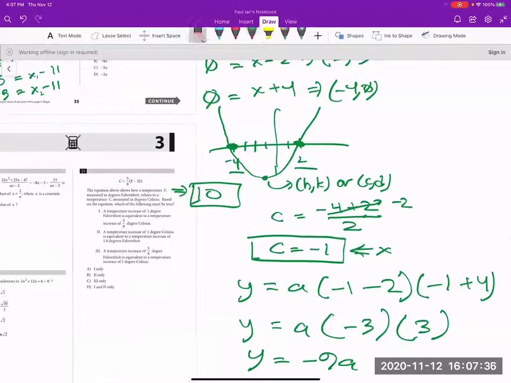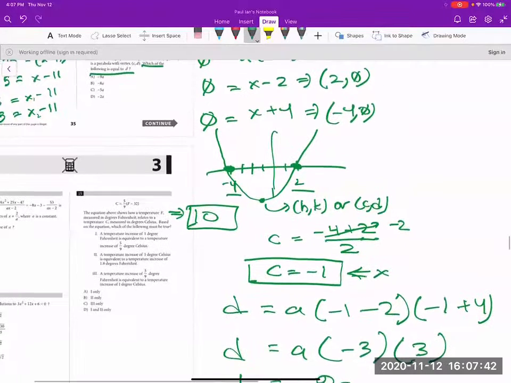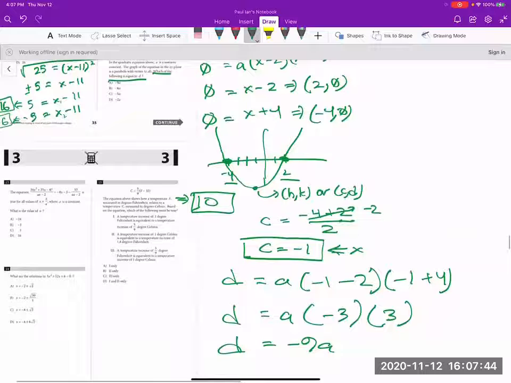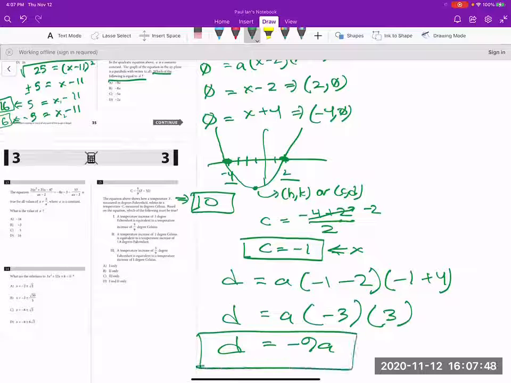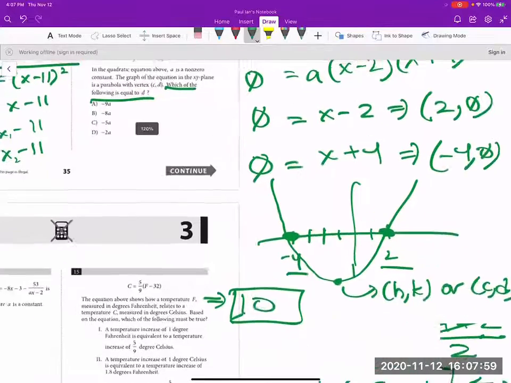But then this Y right here, actually, to not confuse you, because we plugged in the C, so this has to be D, right? Mm-hmm. And this is what it's asking you. Which of the following is equal to D? The Y coordinate of your vertex. So as long as you can point things around, like what are they, and then just doing the math, I think this isn't that bad. So this is the answer, -9a, which is a.